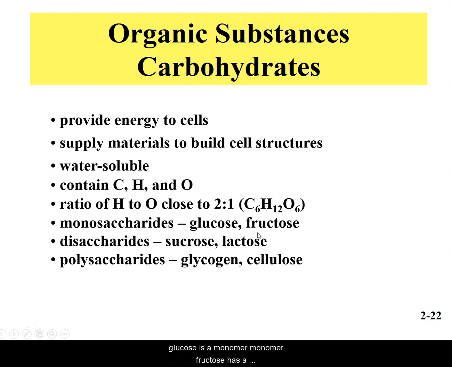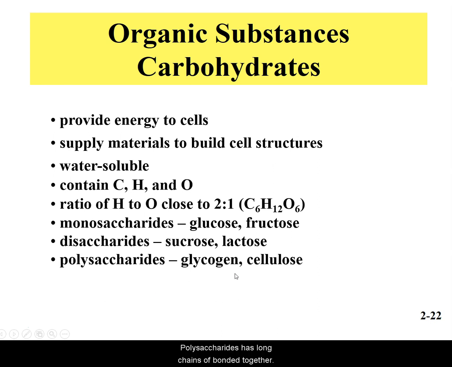A monomer is the simplest. So glucose is a monomer, fructose is a monomer, sucrose is a disaccharide that has to be broken down before we can use it. So it does provide energy, but it takes a little longer because the sucrose has to be broken down, and the same with lactose has to be broken down before we can use it into monosaccharides.